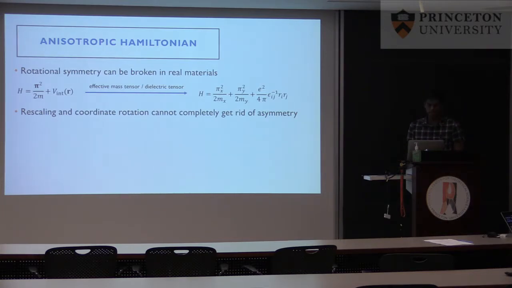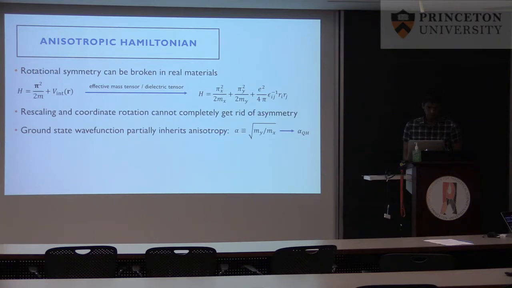Or the material may have a dielectric constant that's not a scalar. So now the interaction term has this tensorial representation. It's more complicated. It's possible to rotate and rescale the coordinates to get rid of one of these anisotropies, but not both. So we can assume that this interaction anisotropy is absent, and we only have this remnant mass anisotropy to deal with.